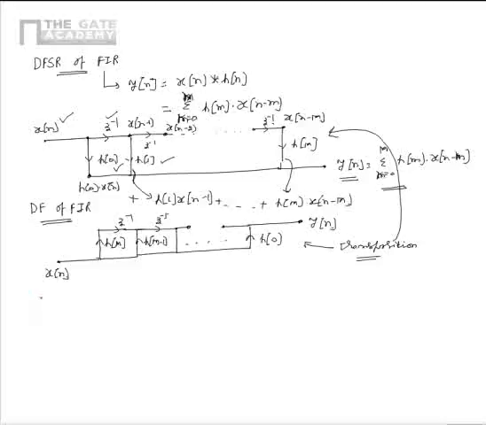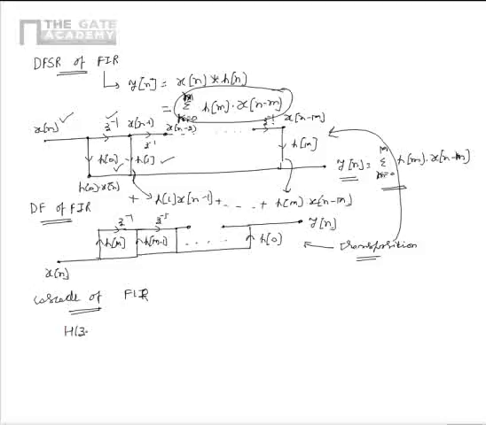Now, let us look into the cascade implementation of FIR filters. Please note that in case of FIR filters, we are discussing the filter structure realizations using a generic form. Of course, the examples will be covered subsequently.